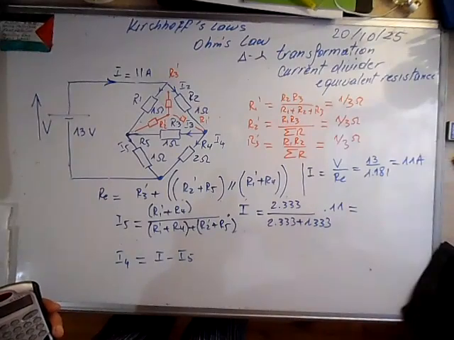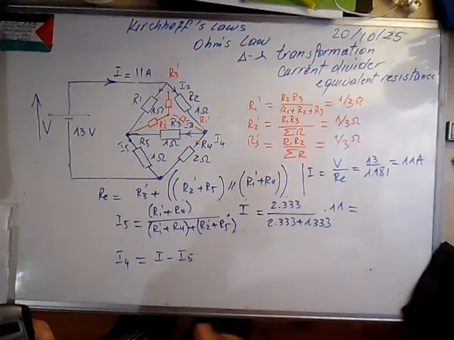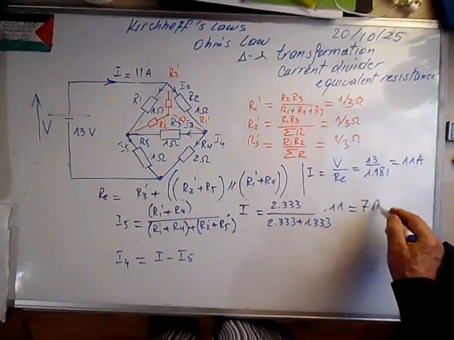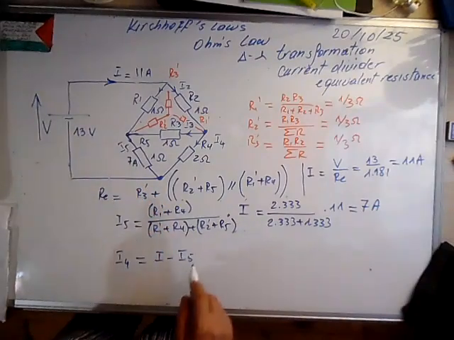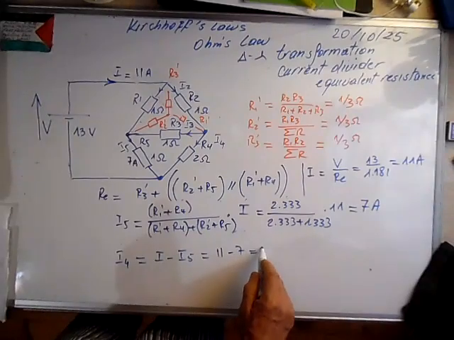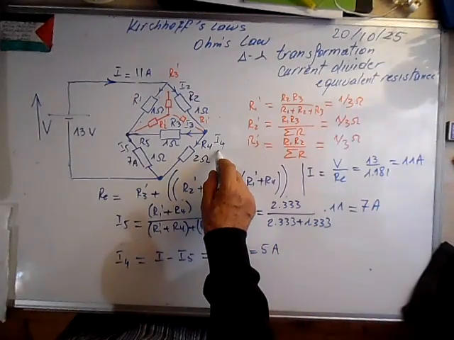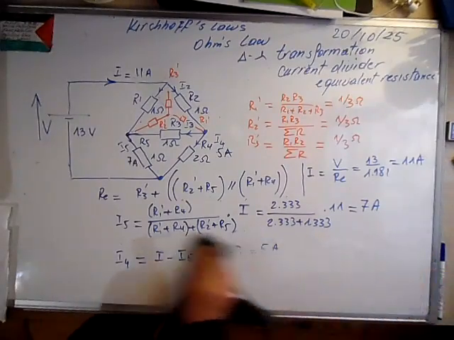So it means that we have 2.333 divided by 3.67 times 11. This is 7 amps. The current flowing here is 7 amps. Now I4 we can calculate is 11 minus 7, it's 5 amps. Here flows 5 amps.